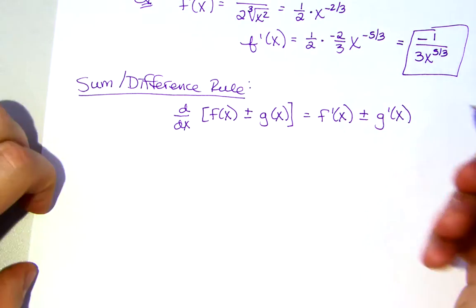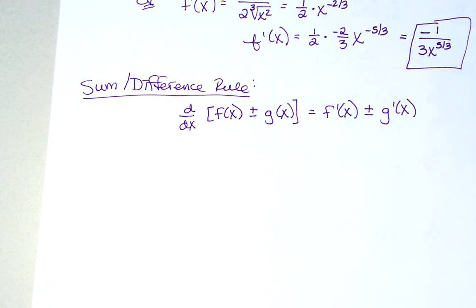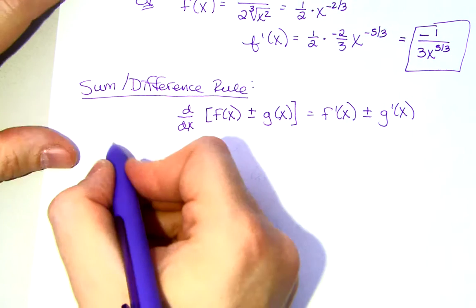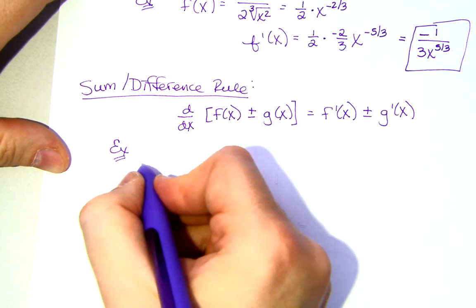Do the derivative of the first, do the derivative of the second, add them or subtract them. And this is a big deal because it lets us deal with larger polynomials.